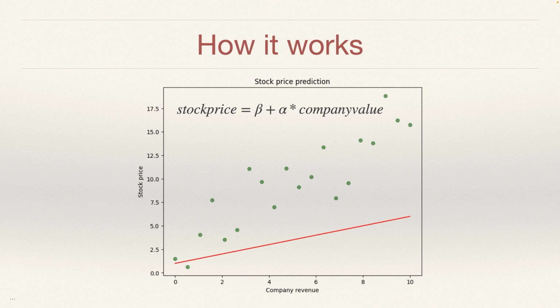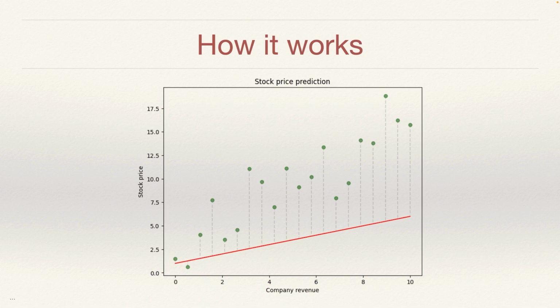And you can also see a red line there, and this would indicate the linear regression model that we currently have. However, even with plain eyes, it's pretty easy to tell that the red line doesn't represent the data that much. So in order to fit our linear regression line to the data, we need to figure out the appropriate slope. And in this case, we need to figure out the beta and alpha of that specific function.